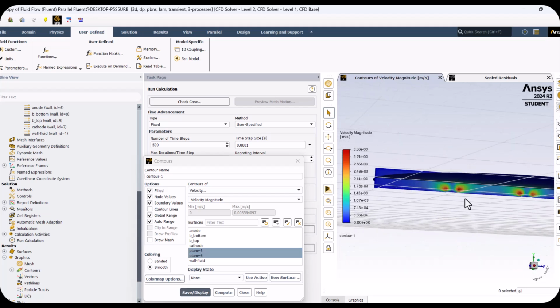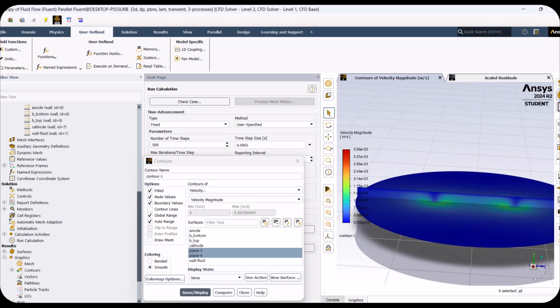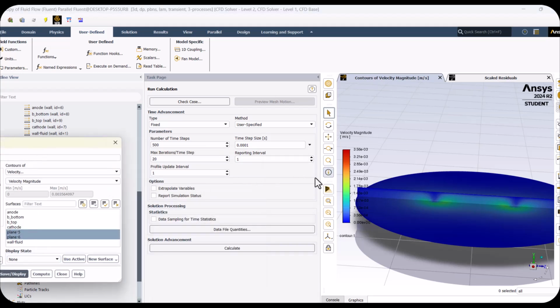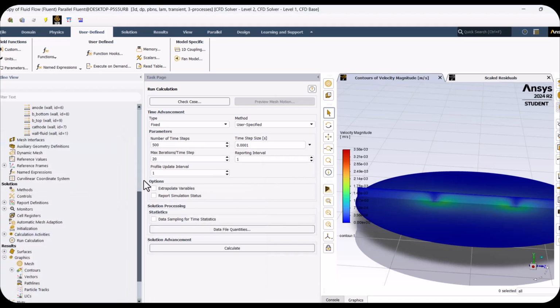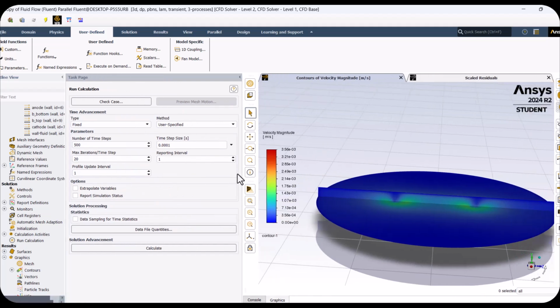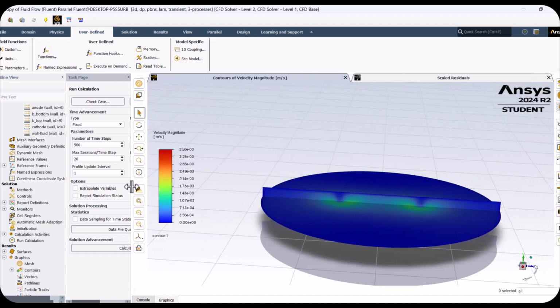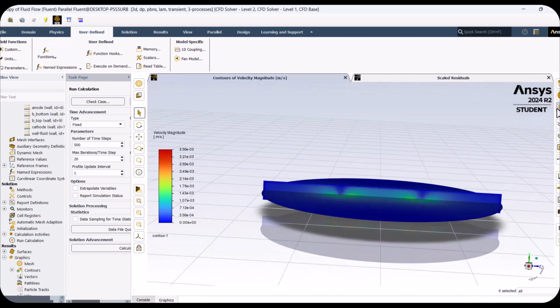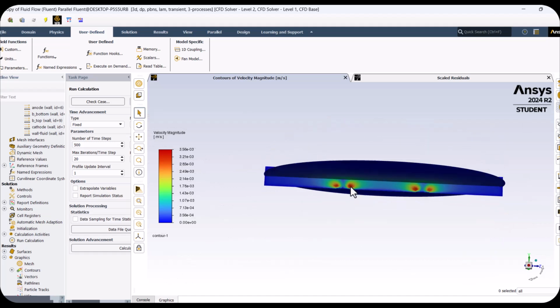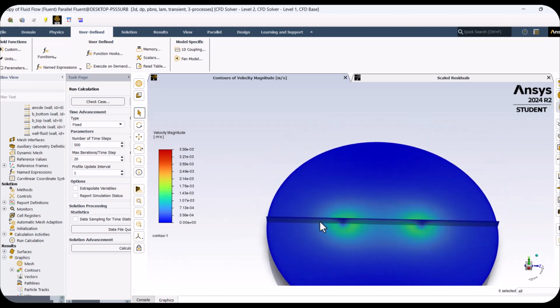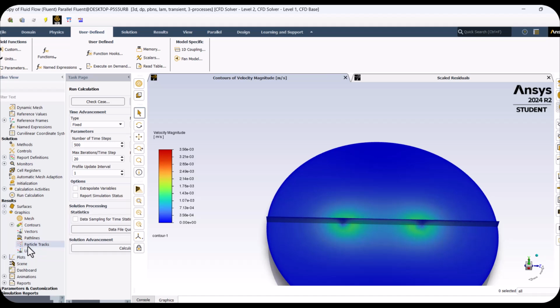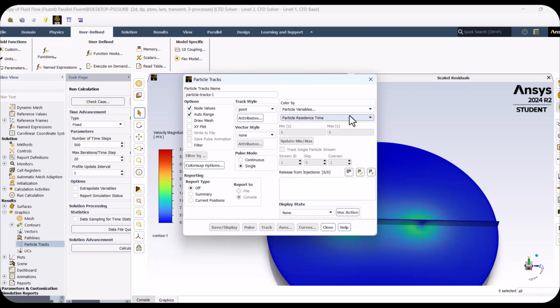So you can see here there is a swirling. Maybe I'll show it with the help of particle tracks, you'll understand more in depth, sorry, path lines.